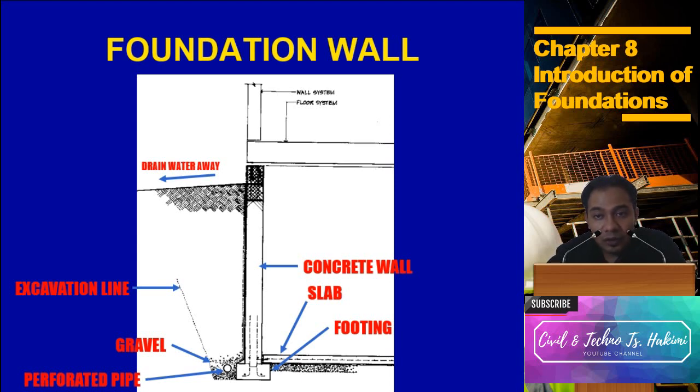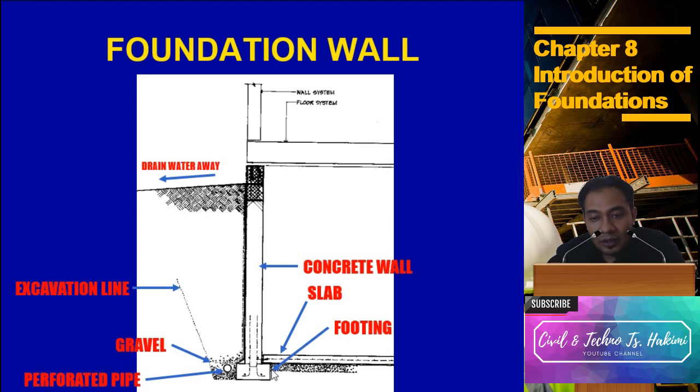To construct the foundation wall, we need to excavate first to make construction easier, to install the formwork easily, and also construct the foundation wall. And then we can put the perforated pipe here to drain out water from the soil.